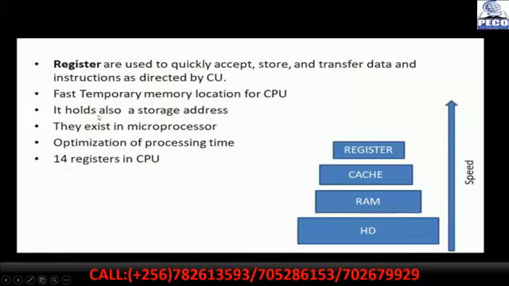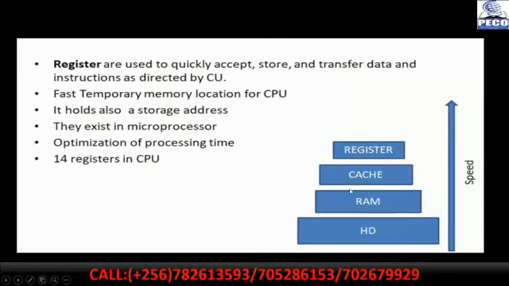Then a register also holds a storage address. When we talk of a storage address, we mean it holds the address of a data item stored in memory. Memory, or RAM, is divided into small units, and each unit can be referred to by its address.